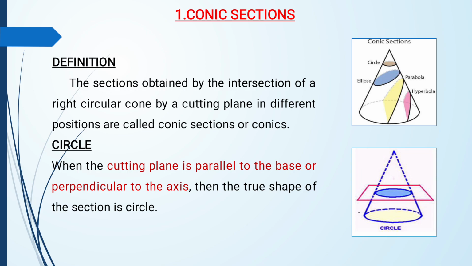When we remove the top of the cone, the remaining portion gives a circle, because the cutting plane passes perpendicular to the cone axis. That's why we get a perfect circle shape.